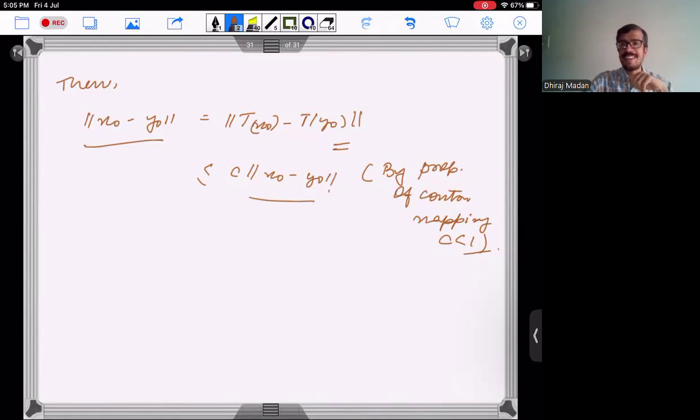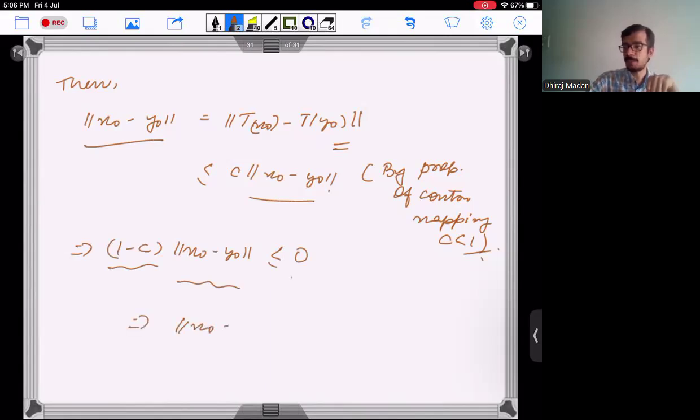So is it possible? Or you can say that (1 minus C) times the norm of x naught minus y naught is less than or equal to 0. Since C is less than 1, 1 minus C is greater than 0, and the norm is also greater than or equal to 0. So what this would mean is that this distance is 0.